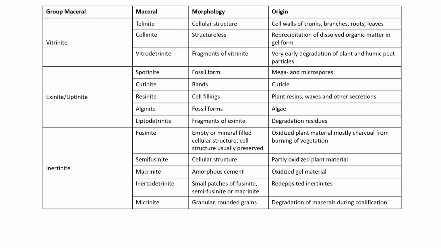Those associations of the different maceral groups, once they occur together, are called microlithotypes. We will have a look at the types of microlithotypes and how they are formed and their associations in the next class. Okay, thank you.